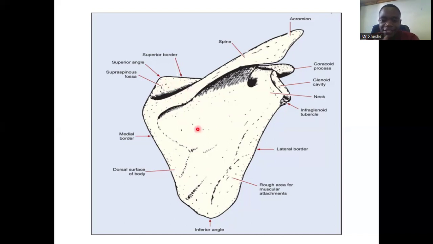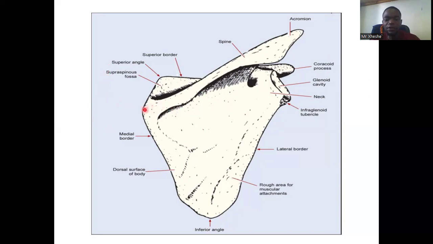Now, I mentioned why the inferior angle is important, because it lies on the same plane with the 7th thoracic vertebra. Now, what about the origin of the spine? So here, where the spine of the scapula begins from, lies on the same level as the 3rd thoracic vertebra. If you draw a line straight, this is where the spine will be, because we're looking at the scapula from the back.